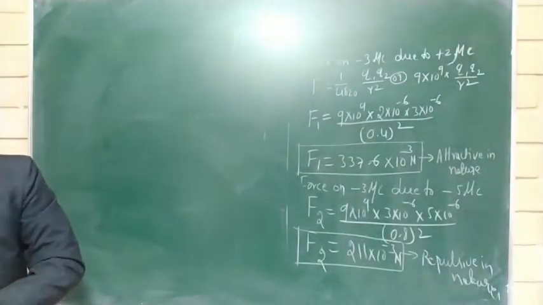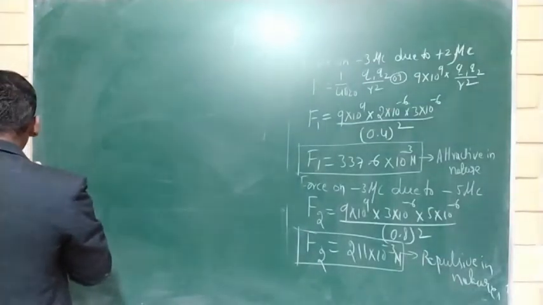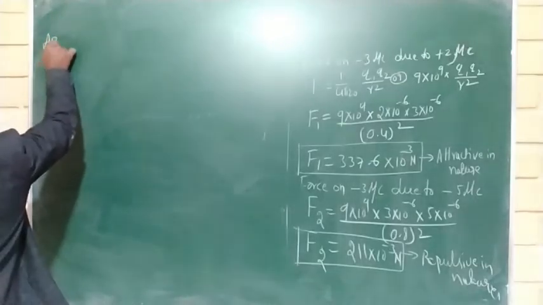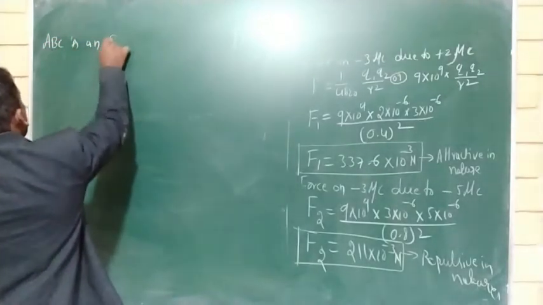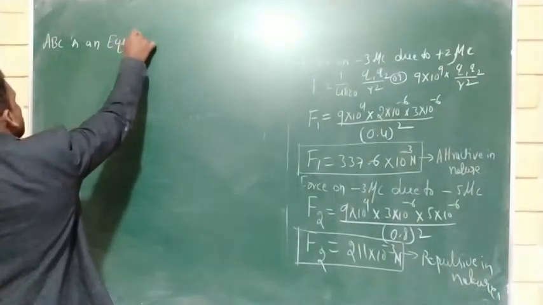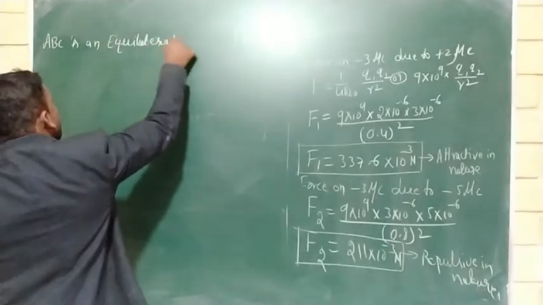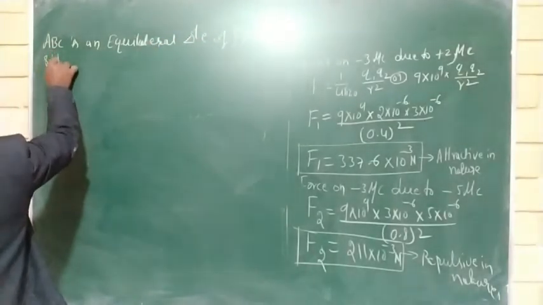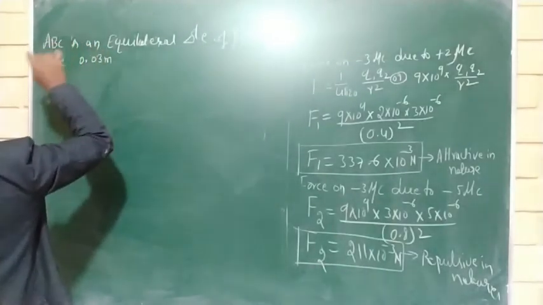ABC is an equilateral triangle of side 0.03 meter.